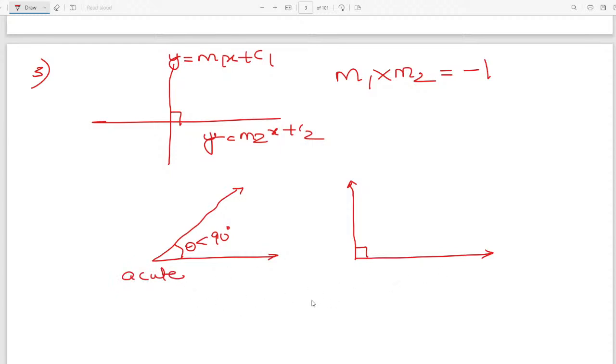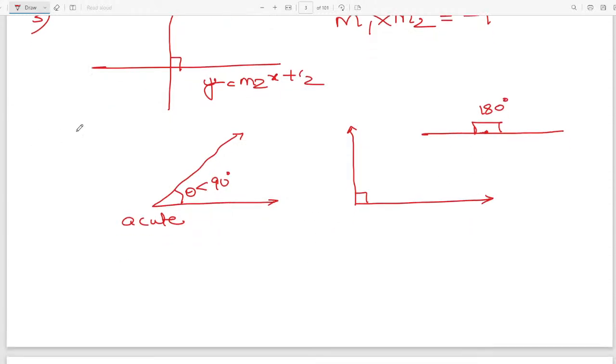If two lines are like this, with the same starting point, then this angle is 180 degrees. And if the angle is greater than 90 degrees, it is called an obtuse angle.